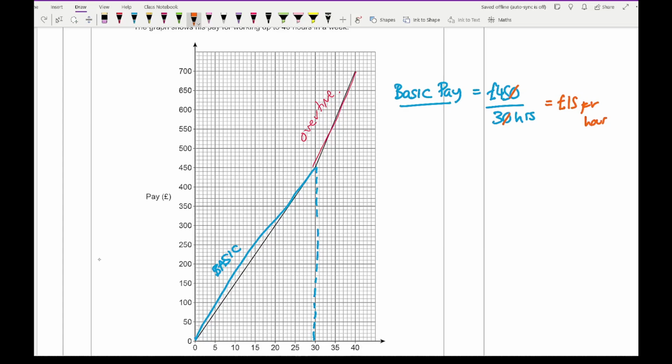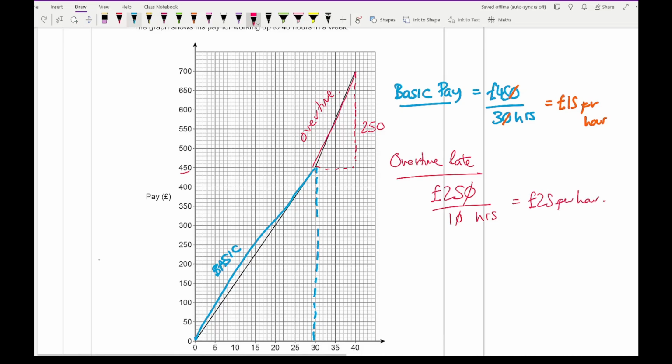Then for the overtime rate, I do exactly the same. I work out the gradient. So working out the difference in the pay here is going to be 700 take away 450, which is 250. So it's £250, and he's worked a total of 10 hours. So then that's going to be £25 per hour.